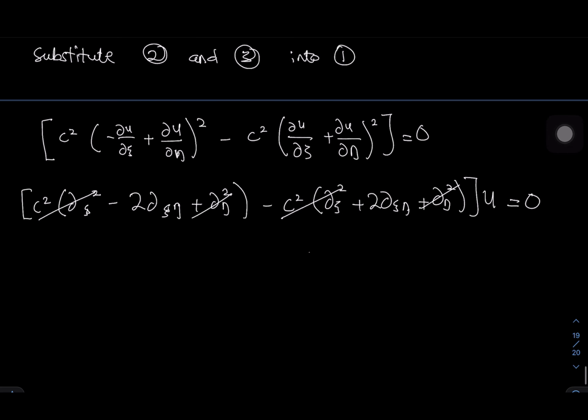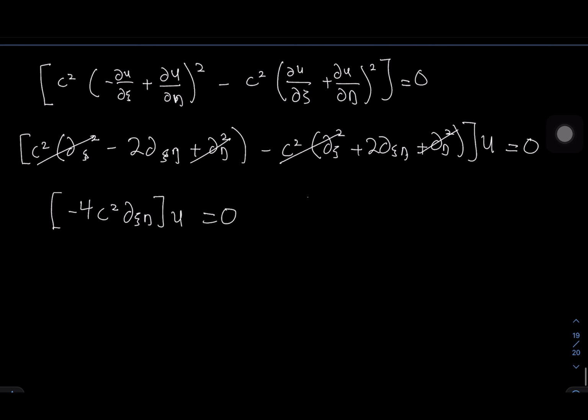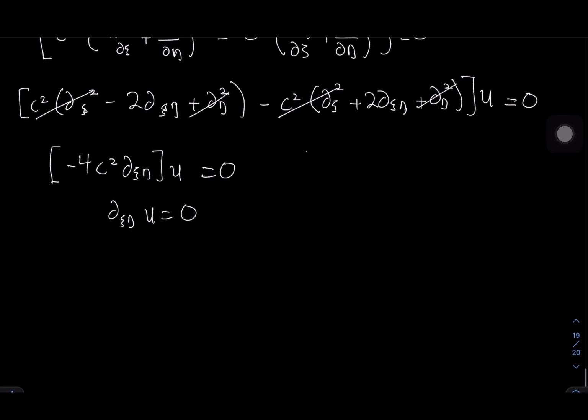Now, when you try and simplify, you're going to have negative 4 c squared del c eta u being equal to 0. So actually, the 4 goes away because you're equating everything to 0. So the negative 4c squared goes to 0. And then you're going to have del c eta u being equal to 0, right?